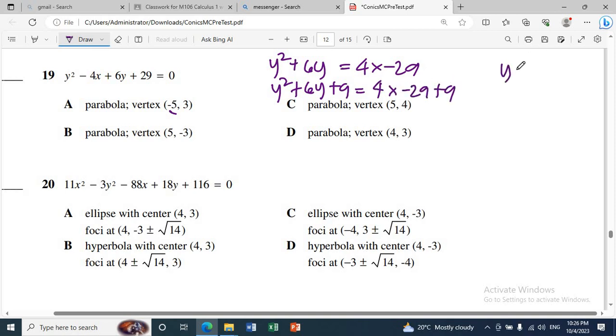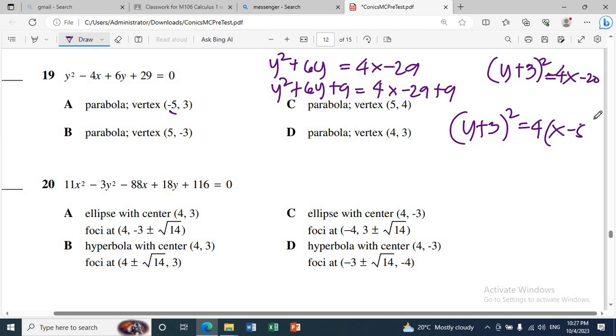This becomes now (y plus 3) squared, and then we have equals 4x. Negative 29 plus 9 is negative 20. So we have (y plus 3) squared is equal to, factor out 4, you're left with x. Factor out 4 from 20, you're left with 5.